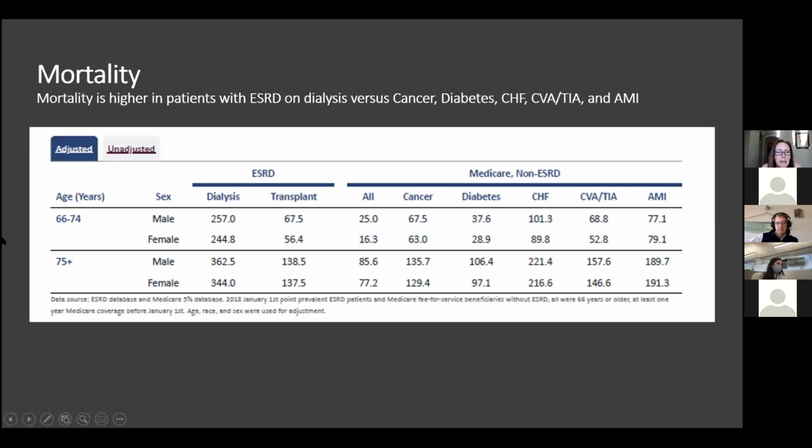And so mortality in ESRD on dialysis is higher than cancer, diabetes, heart failure, stroke, and acute myocardial infarction. All diseases, I think we'd all agree, are important. But the rate of mortality, for example, dialysis on ESRD, 257 versus 67 for cancer, 37 for diabetes, heart failure, all these statistics.